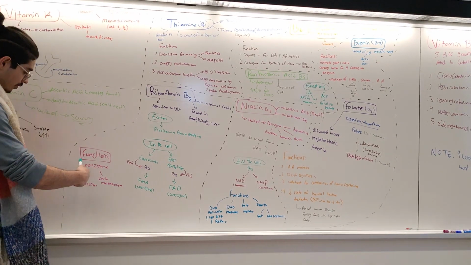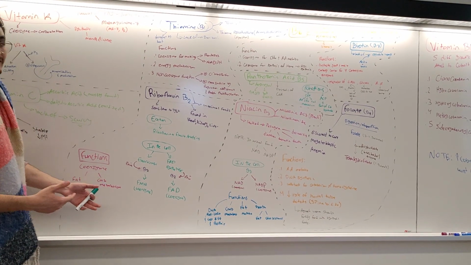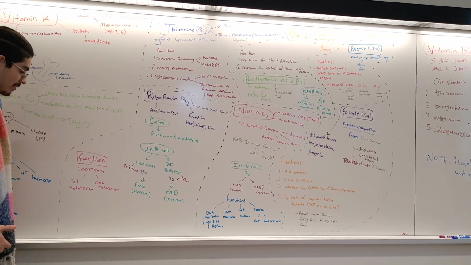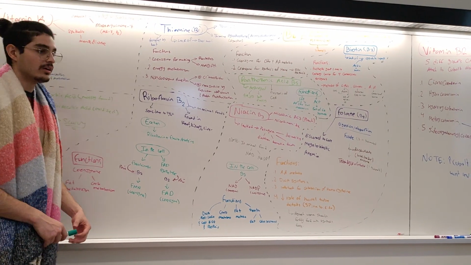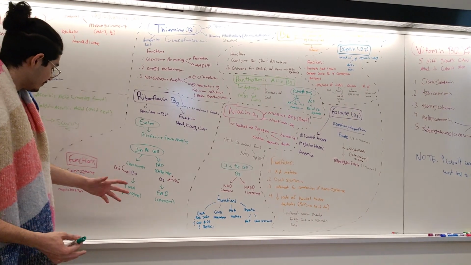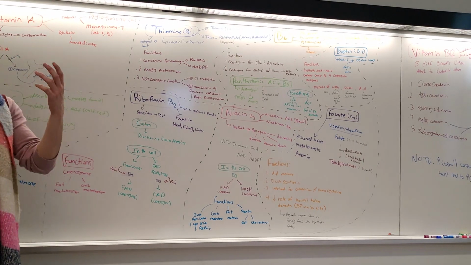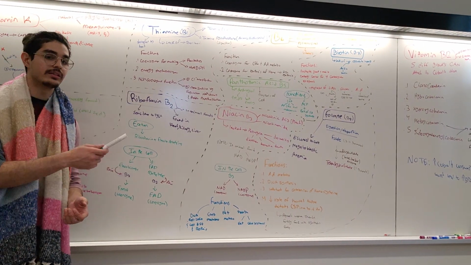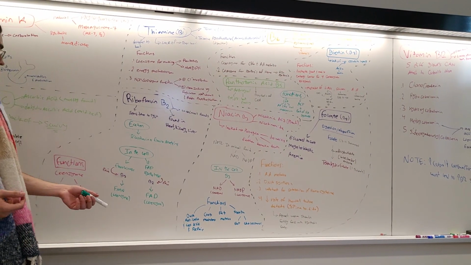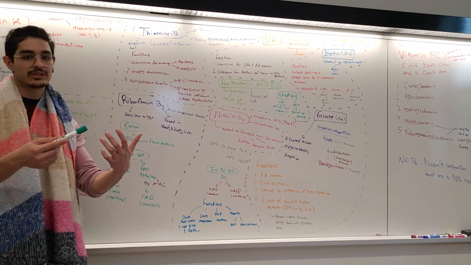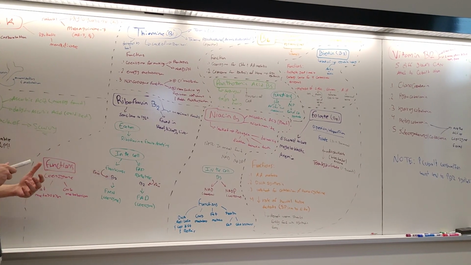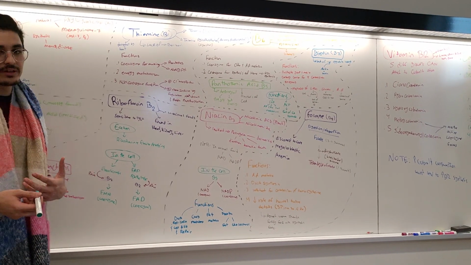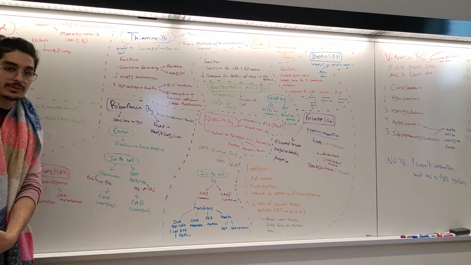So, what are its functions? They're coenzymes for fat metabolism and carbohydrate metabolism. You should know that glucose goes through glycolysis, which generates NADHs, FADHs, and then pyruvate. Pyruvate eventually goes into the Krebs cycle, where you generate more FADHs, which then go to the electron transport chain.